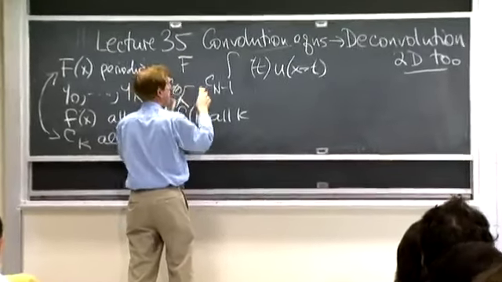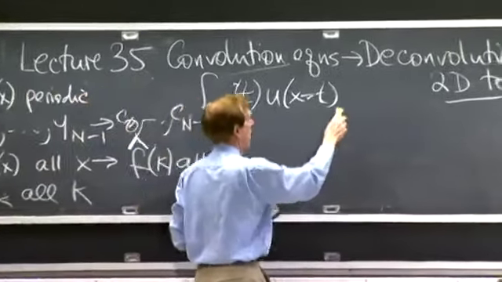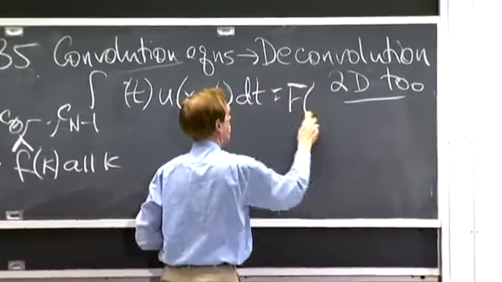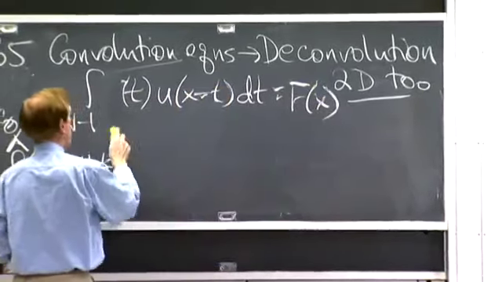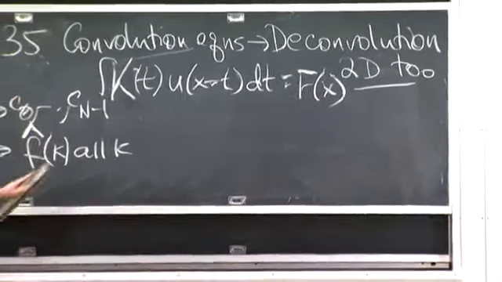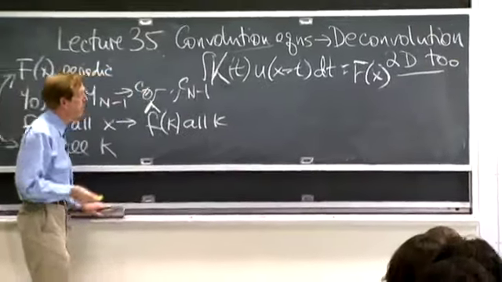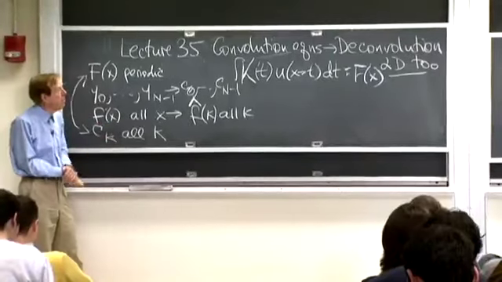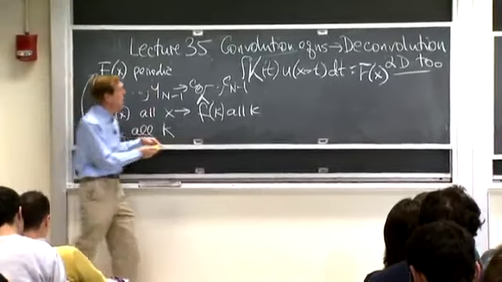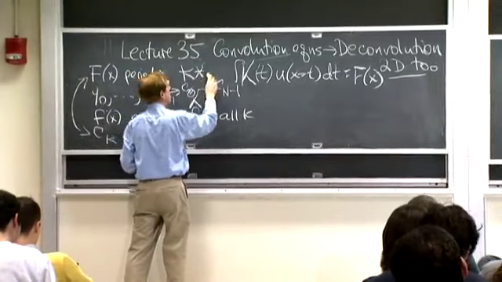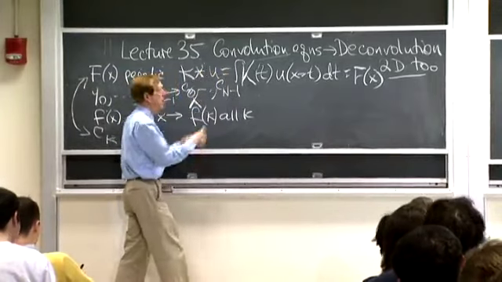K is sometimes the word for kernel. So equations come this way: K convolved with u equals f.